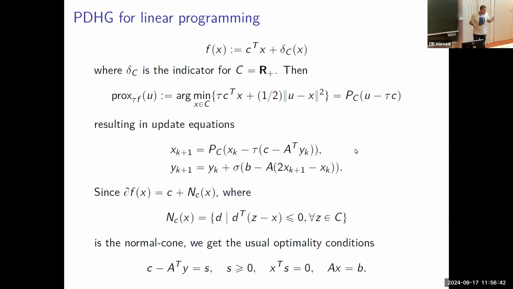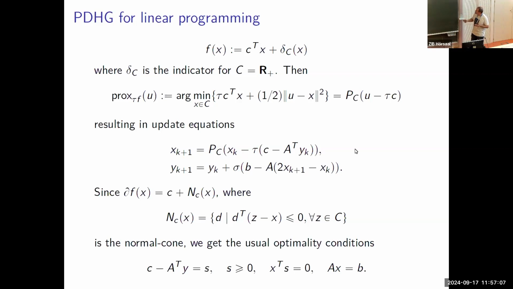So we had this optimality condition, which was at least to me confusing when I first saw it, that A transpose y is a subgradient of f. What it means in this case for f is just that the subdifferential of f is c plus the normal cone. The subdifferential of an indicator function is its normal cone.